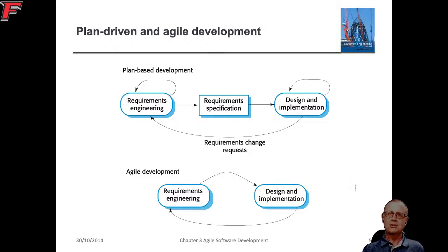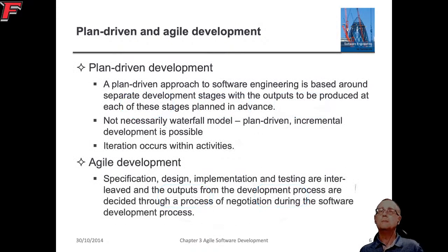So this is just an attempt to put together a diagram about the differences between plan-based development and Agile development. Plan-based, we go requirements, requirement specification, design and implementation, and once the requirements change, we go back and do it again. Whereas with Agile, we do requirements, we do design, we do requirements, we do design, and it's much more of a fluid backwards and forwards motion between those two.